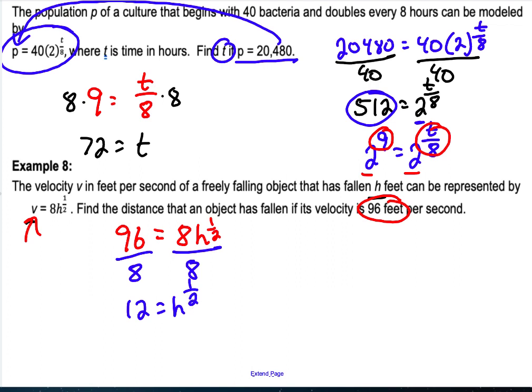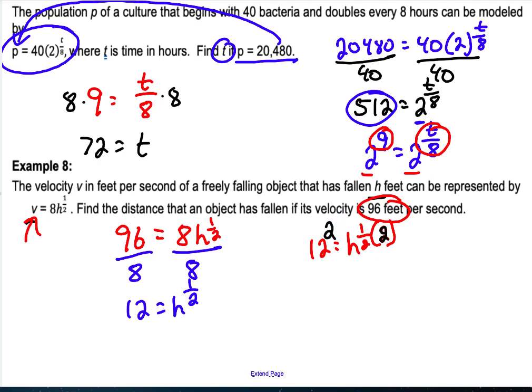Okay. So here's where we have to get a little creative. We want to get rid of that 1/2 power. So we just want to know what h is instead of the square root of h. So think of our exponent rules. We want to turn it into h to the first power. So what would I multiply times 1/2 to get it to a 1? Well, I'd multiply times its reciprocal of 2. So I have to put the same exponent on the other side.